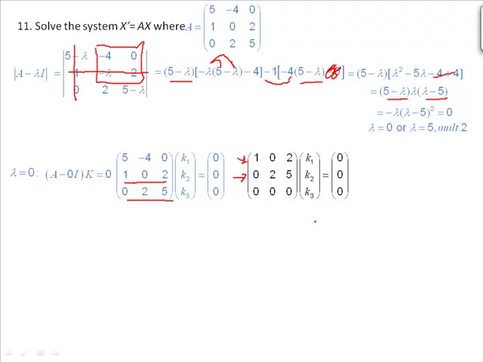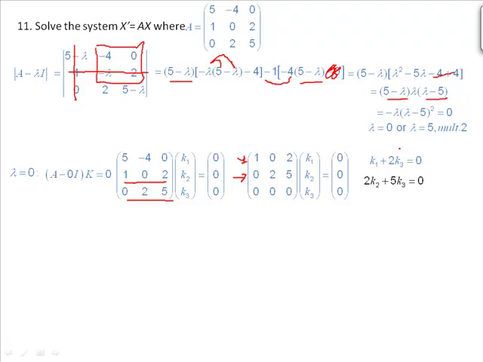Anyway, so I had a linear combination that I worked with to rewrite the system to get the equations to solve for k. I get k1 plus 2k3 is equal to 0, and 2k2 plus 5k3 is equal to 0.